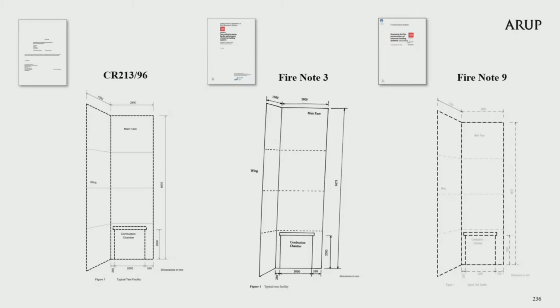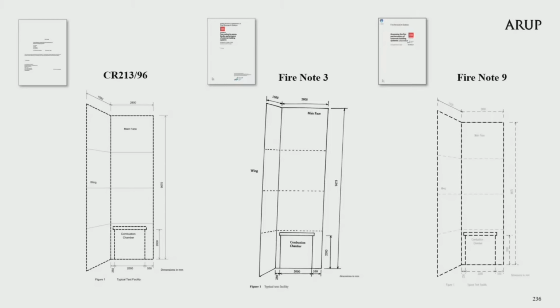Importantly, Fire Note 9 does not include windows in the test rig, whereas Rogowski and Connolly did. The proposed crib in Fire Note 9 was very similar to Rogowski and somewhat similar to Dr. Connolly's experiments. Again, an extensive read of these publications is needed.